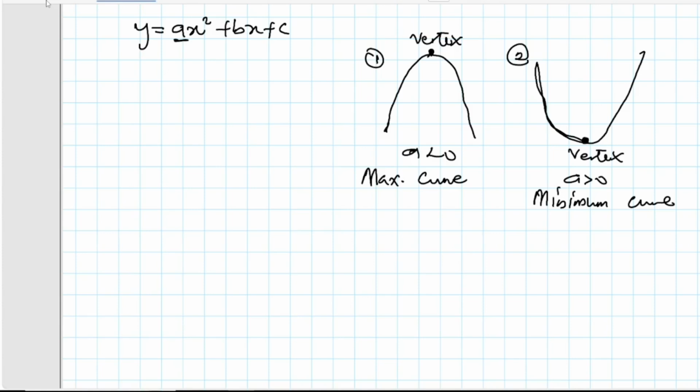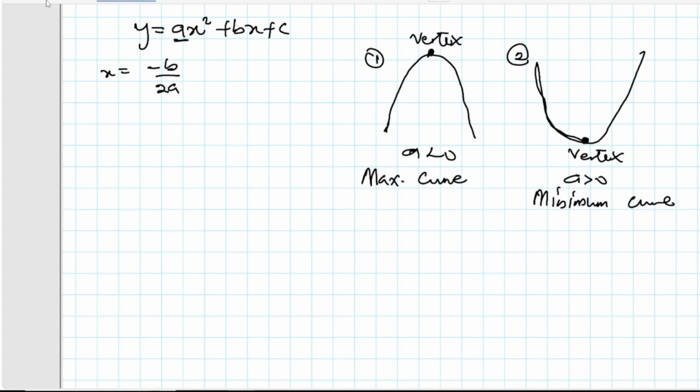Since it's a point, we can find the coordinates of that point, the x value and then the y value at the turning point or at the vertex. So the x value at the turning point is given by x equal to negative b over 2a. It means that you just need to identify your a and b from the quadratic equation given, and then find the value of negative b over 2a, and that gives you the x coordinate at the vertex.